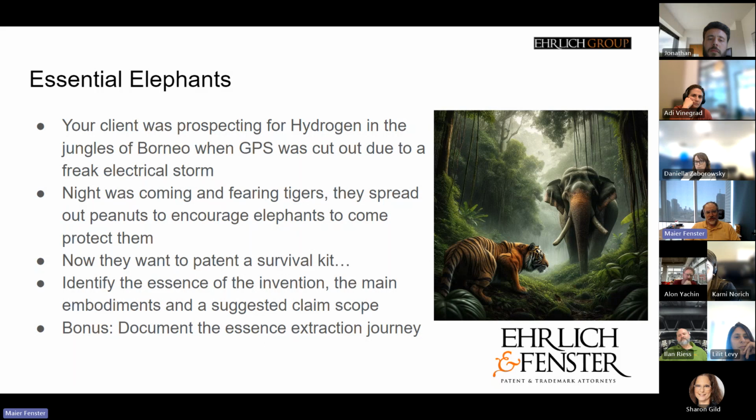And even though the Borneo tiger is not very common or perhaps extinct, they're worried about it. They figured they'd spill out some peanuts, which, I agree, elephants don't eat, in order to encourage the elephants to come by and protect them and scare away the tigers. And they survived the night. We don't know why. And now they want to write a patent on a survival kit.